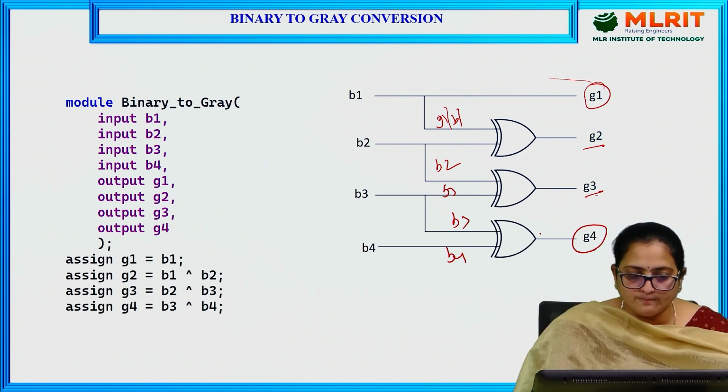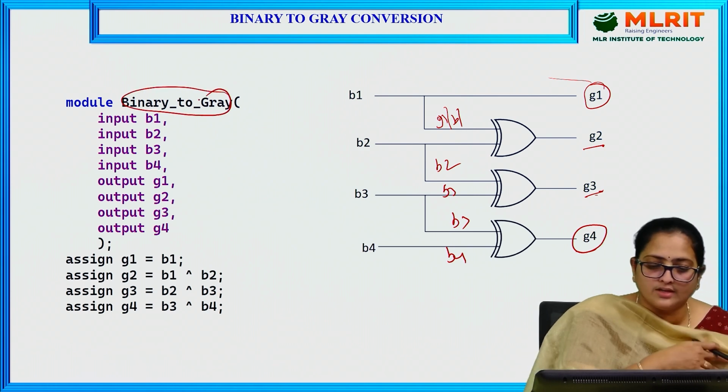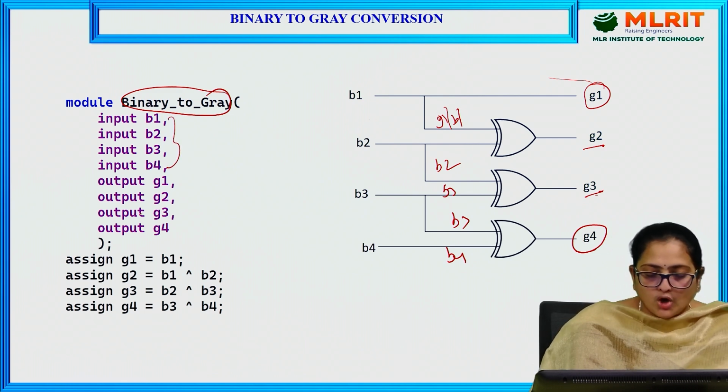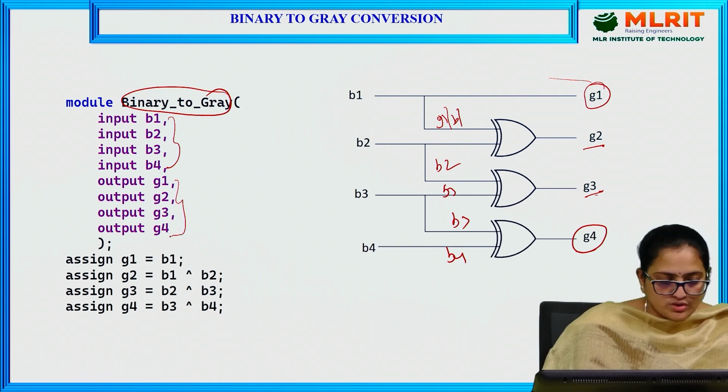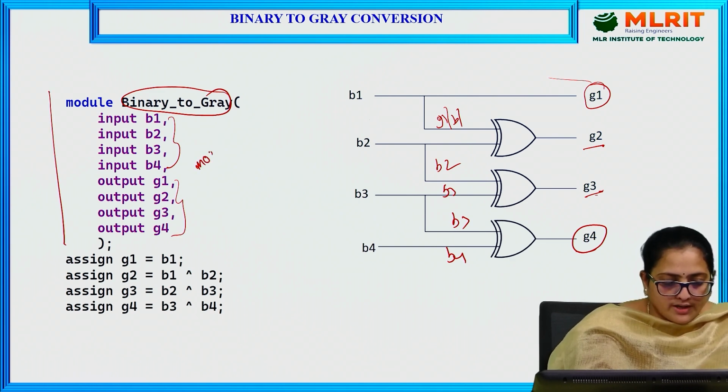So, module name binary to gray converter. Inputs are declared as B1, B2, B3, B4 and outputs are declared as G1, G2, G3, G4. This statement, you can also write like module binary to gray.